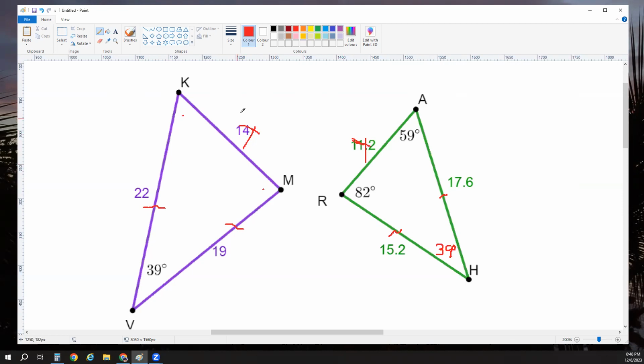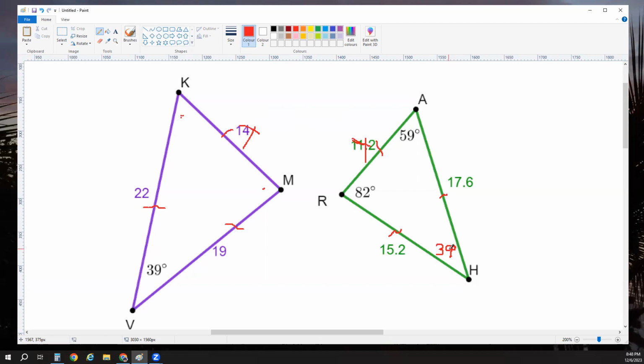Or maybe it will if I can establish that one is also proportional, right? Because then I could do it by side, side, side, or side, angle, side, or angle, angle, right? But I really don't have a way to establish these angles, right?